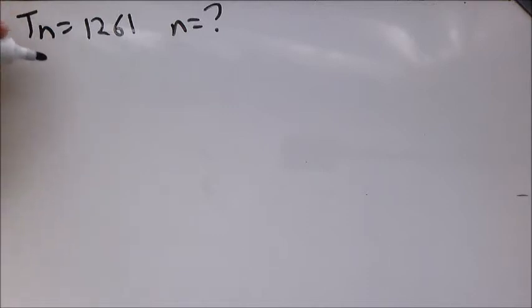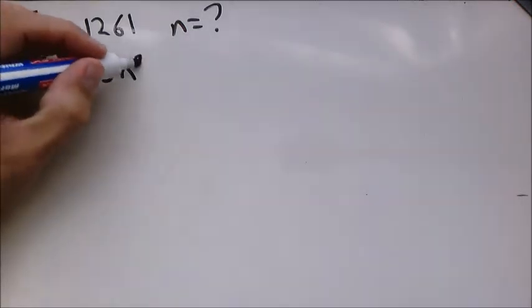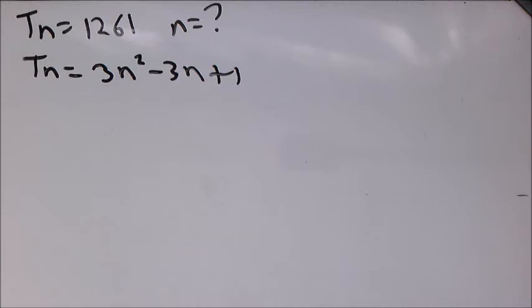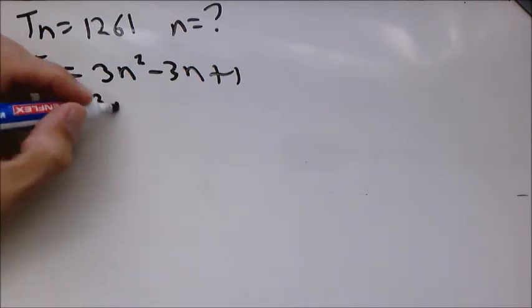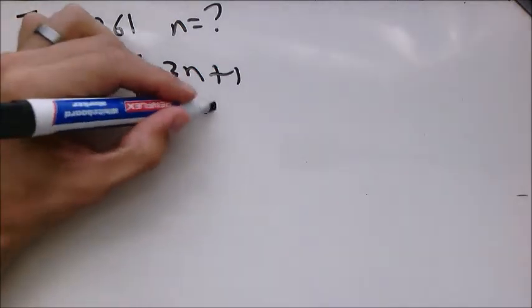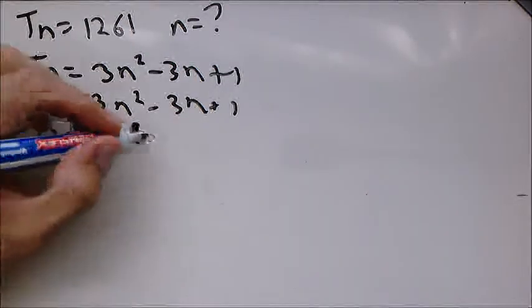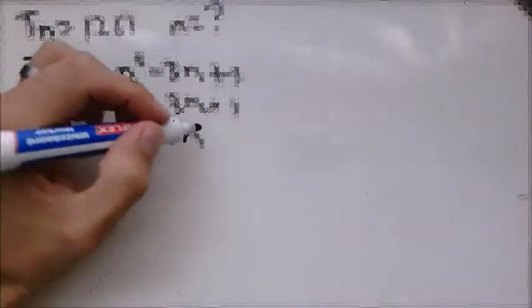Okay, so remember, we already know from our previous calculation that Tn is equal to 3n squared minus 3n plus 1. Okay, so what do we do? We substitute 1261 equals 3n squared minus 3n plus 1. Now we have to simplify.